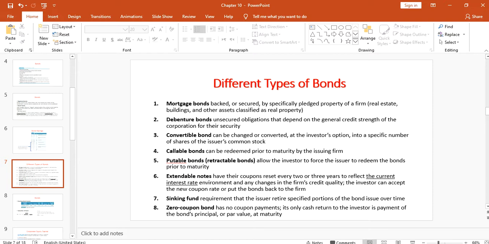They will call the lender and say, okay, here is your money back and goodbye. So the lender cannot reject that if the bond is a callable bond.